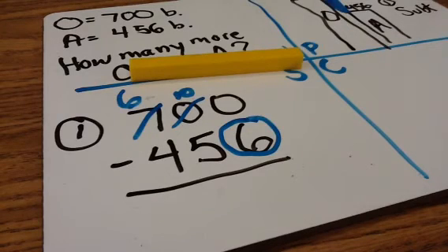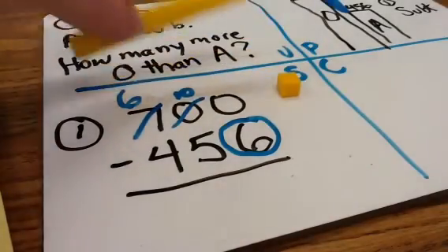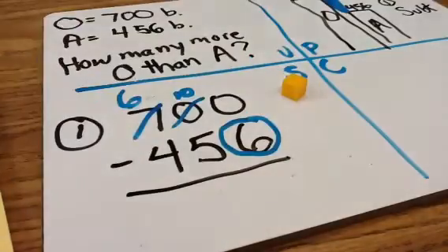Okay, I still have to get ones. And I get ones by trading in my 10 for 10 of the units. There we go. So I'm going to trade this for 10 of those.